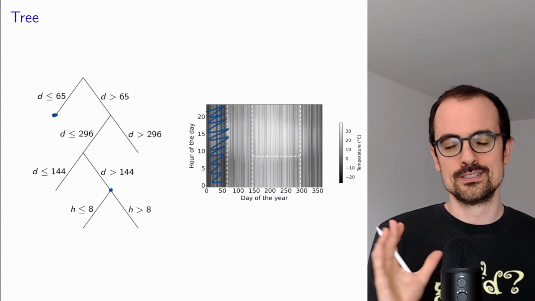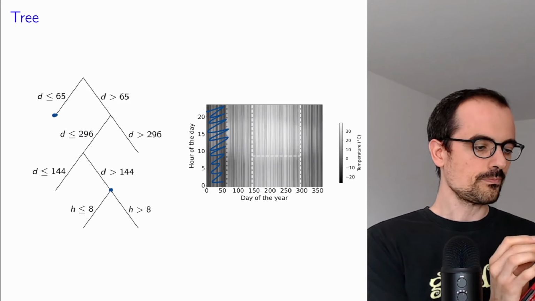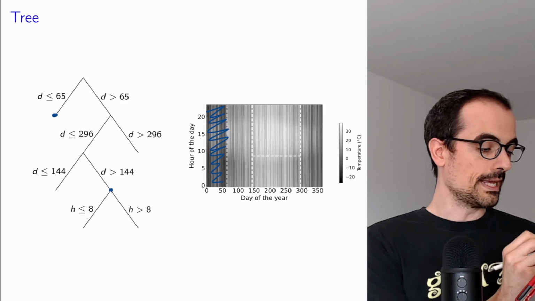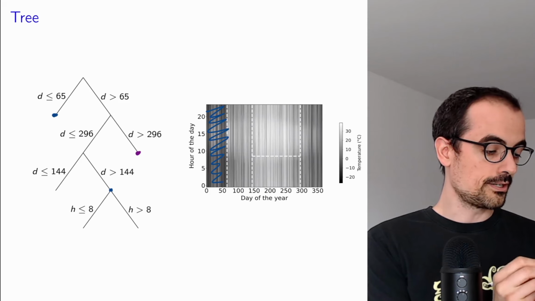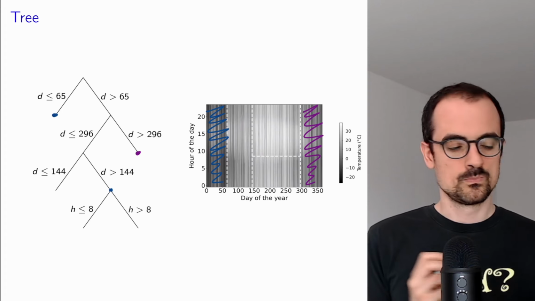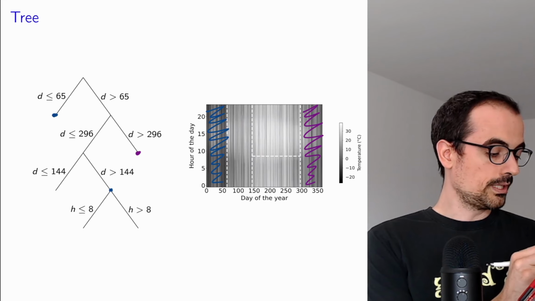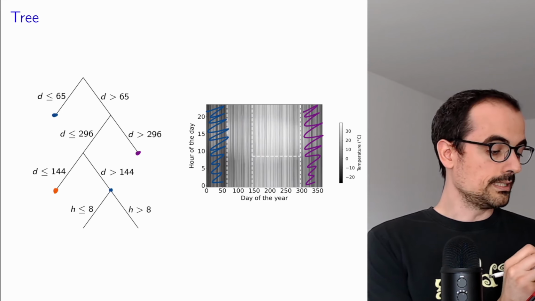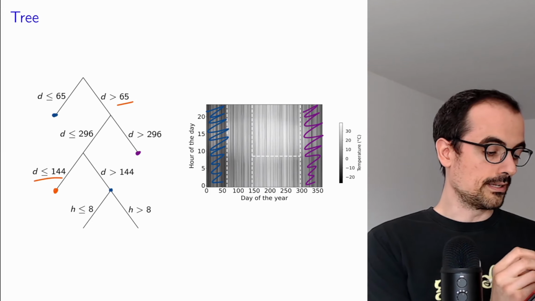We have a very small tree here so that I could show it to you in detail. Then we have another node here where the day is larger than 296. Okay, so this is the fall. Now we have another node here where the day is between 65 and 144. So it's this guy.